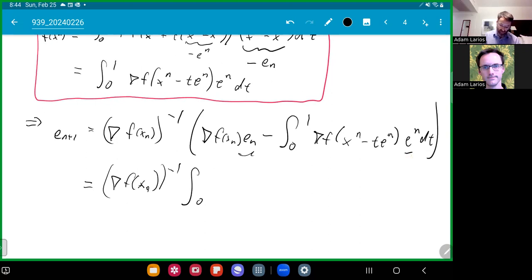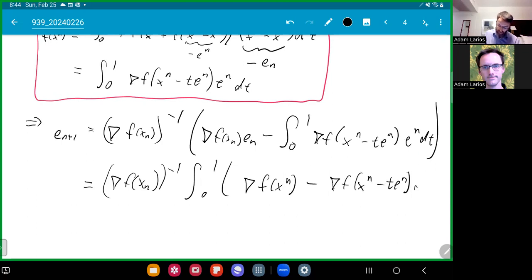Notice that En doesn't depend on t, so I'm allowed to just factor it out of this integral and then out of everything. So this thing becomes gradient of f of xn inverse times the integral 0 to 1 of gradient of f of xn minus gradient of f of xn minus t En dt, all of that applied to En.